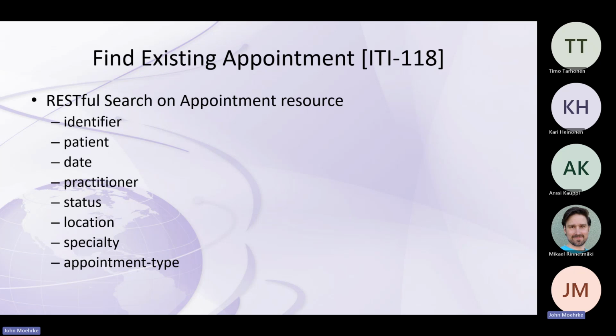And then one of the new transactions from the Argonaut, we have the find existing appointment. So this is ITI 118. We have a set of search parameters, and this is just a RESTful interaction. So this is not an operation. This is just a RESTful operation on appointment.